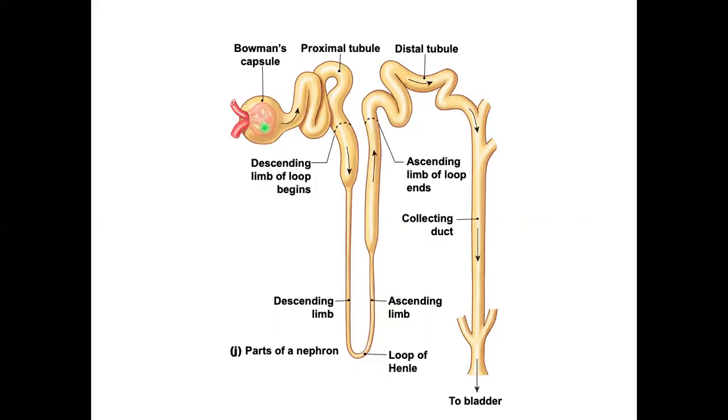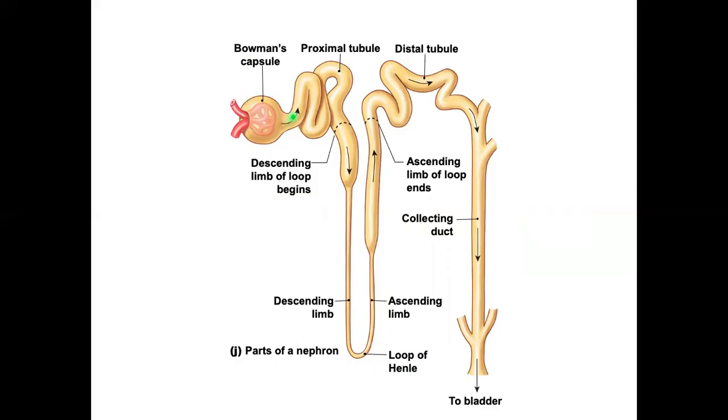Afferent arteriole is going to the glomerulus. Efferent arteriole is exiting the glomerulus. What is surrounding that glomerulus? The part of the nephron that surrounds it is called the Bowman's capsule. Together, the Bowman's capsule and the glomerulus make the renal corpuscle. So in case you're wondering where that came in, it's right there.